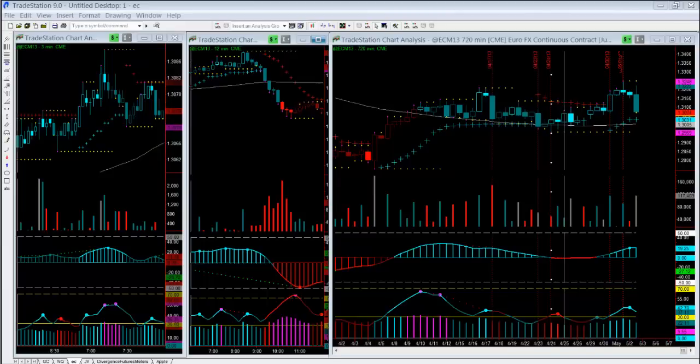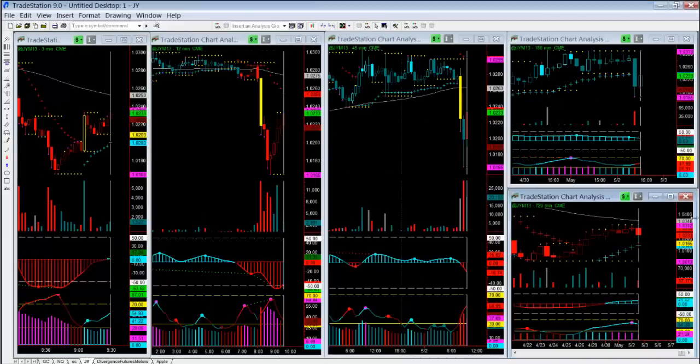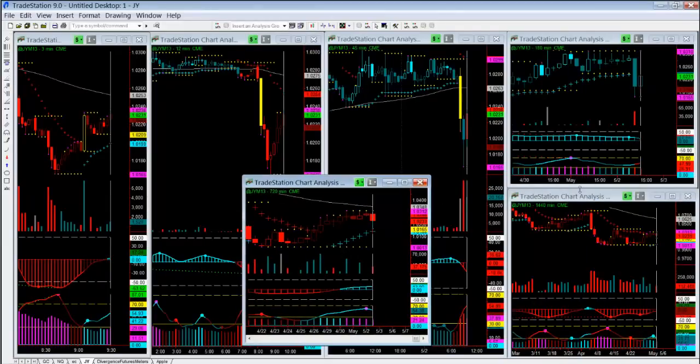But again, because it's based on the average true range, it's based on highs and lows, you're always going to get an ATR really at a significant area in price, and that's where we expect it to bounce.